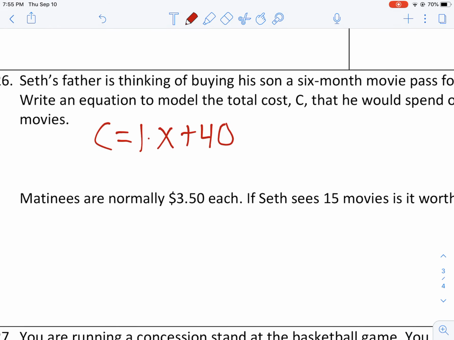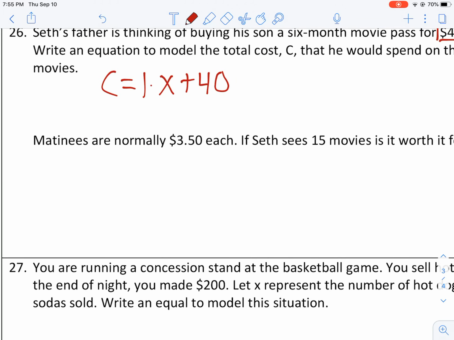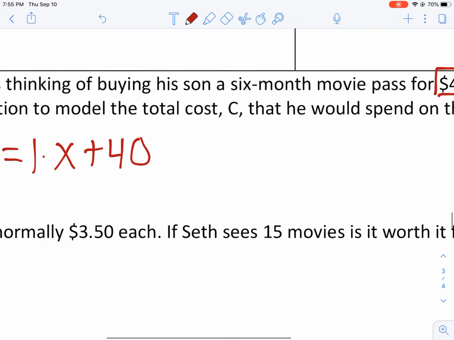It says matinees are normally $3.50 each. These are the cheapest movies of all time. What movie theater has movies that cost $3.50? I don't know. Anyway, it says if Seth sees 15 movies, is it worth it for his father to buy the pass? So let's figure out how much 15 movies would cost.